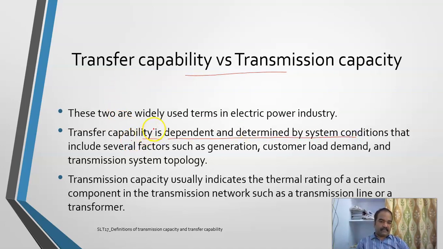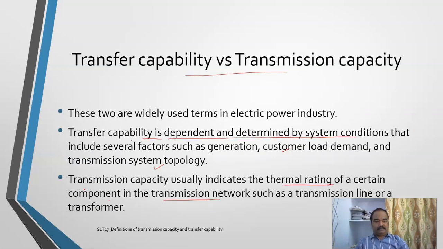That includes several factors such as generation, customer load demand, and transmission system topology. So, transfer capability varies. Whereas the transmission capacity is more of a technical term, it indicates a thermal rating of a certain component in a transmission network, such as a transmission line or a transformer.